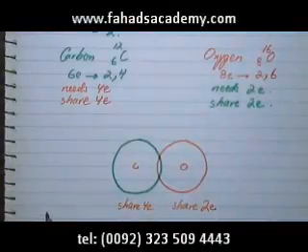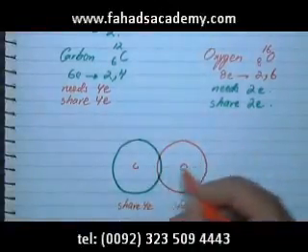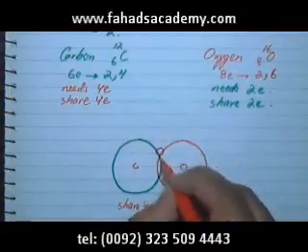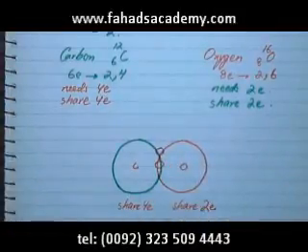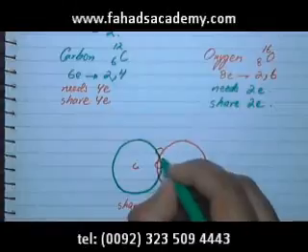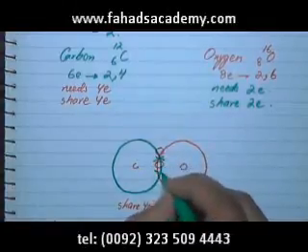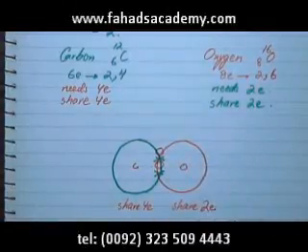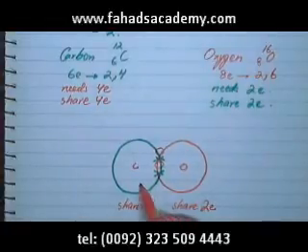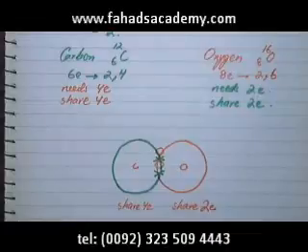What's going to happen is that carbon would share 2 electrons with this oxygen, and oxygen in return would share 2 electrons with this carbon atom. So instead of sharing 4 electrons, carbon is going to share just 2 electrons because the electrons have to be shared equally.